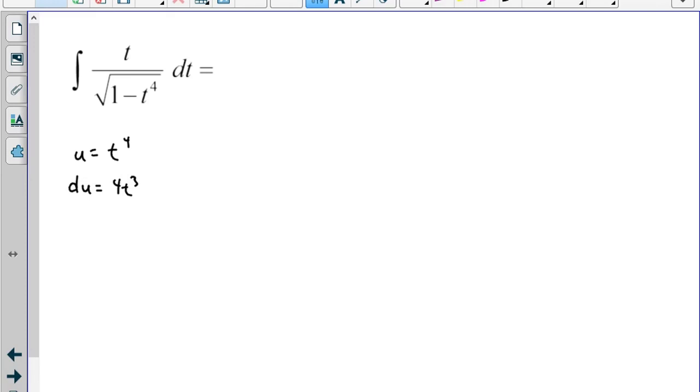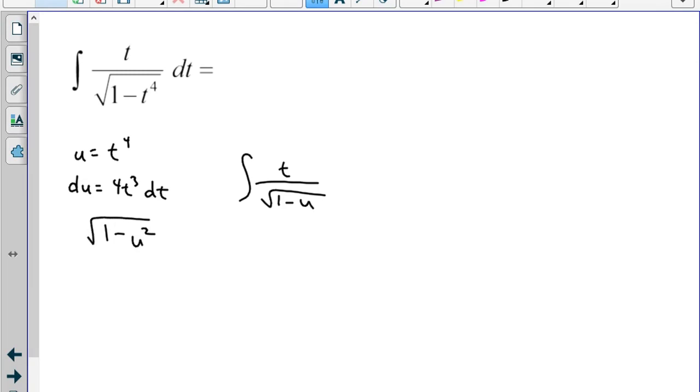Because if we look at this problem, what's going to end up happening, if I make this substitution, I have the integral of, at the moment, t over the square root of 1 minus u. And remember, to make it look like arcsine, I'm going to want this to be a u squared inside of the square root.